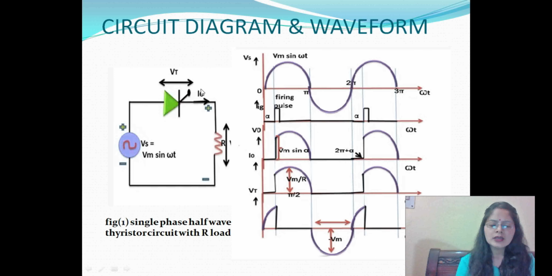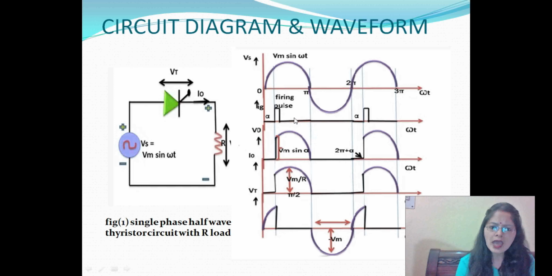That means output voltage is 0, and the input voltage is 0 here, but the voltage across the thyristor appears across it.